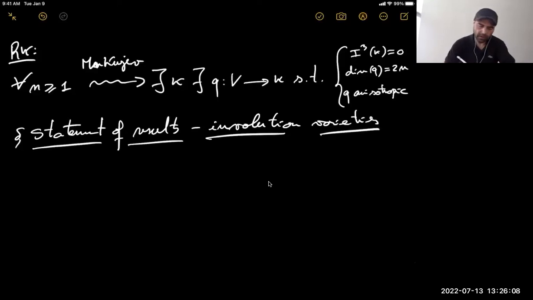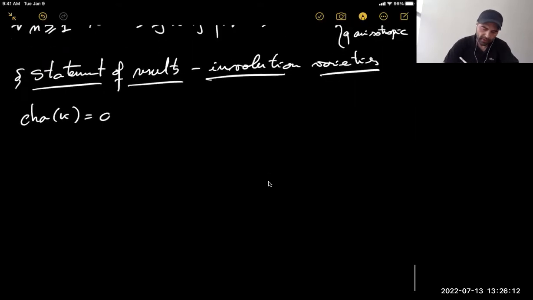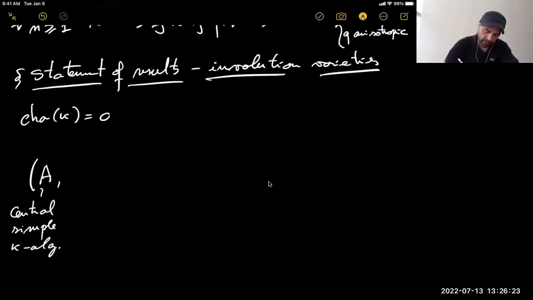So here again, we are in characteristic 0. And now the starting data is a central simple K-algebra and an involution of orthogonal type.